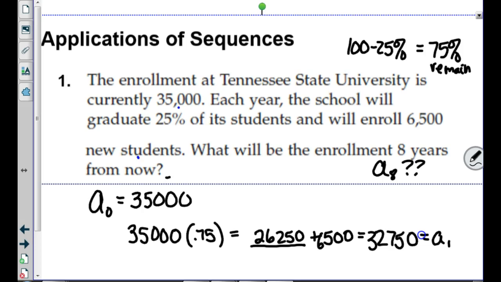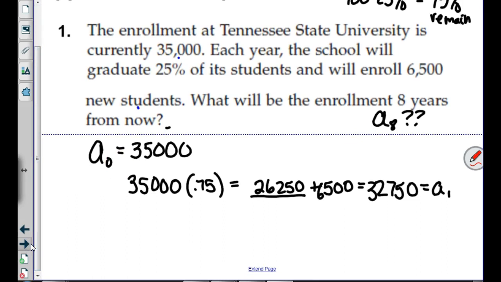Okay, on the calculator, we need to decide, can we write this as an explicit or recursive formula? Can we base it on a term number, or is it always going to be based on the previous term? Yeah, I think it'd be easier to write it as previous term. Good idea, Kelsey.